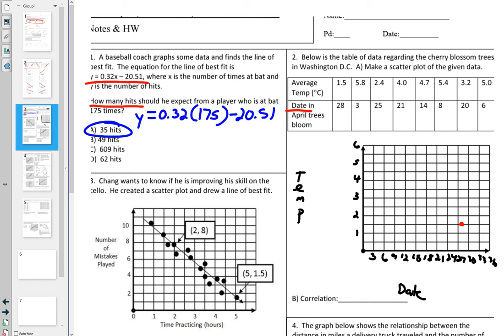Can everybody see that? 5.8 would be at 3, so 3 and 5.8. 2.4 and 25. 25 is over here.